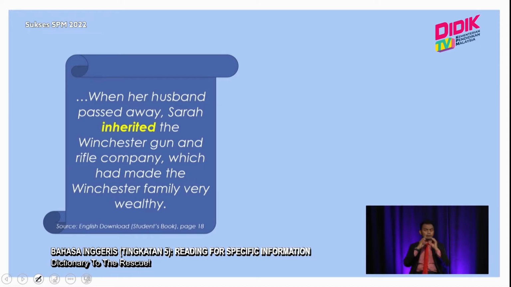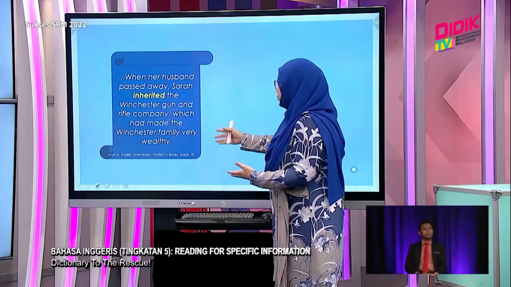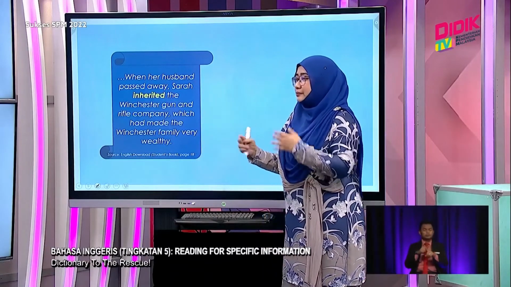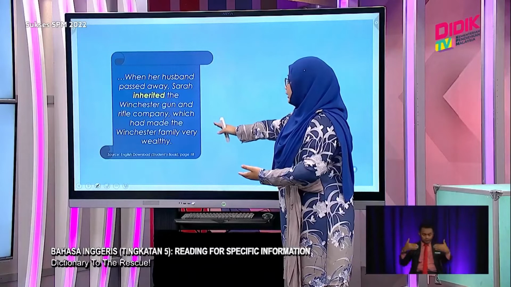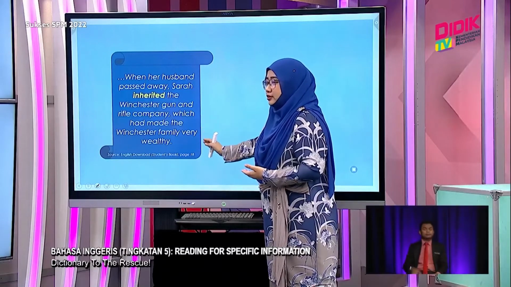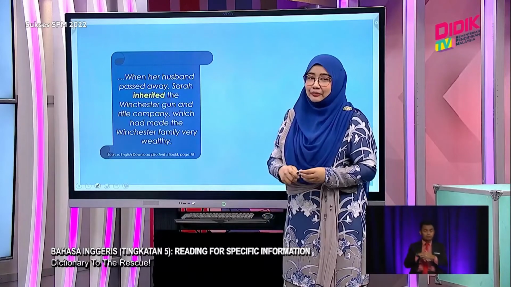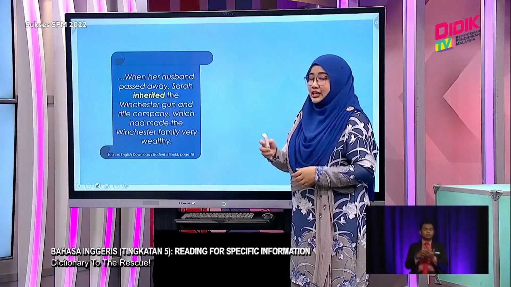Over here, we know that somehow it involves money and maybe property because there's wealth. So we connect the two ideas. Somebody has died, and then it involves money and wealth. So inherited may mean that Sarah gets a lot of money. That's how you do it.